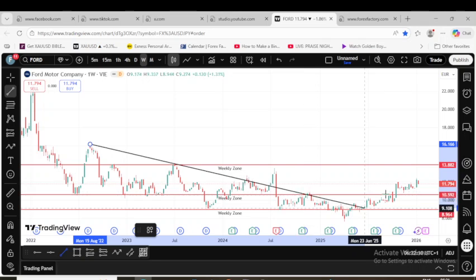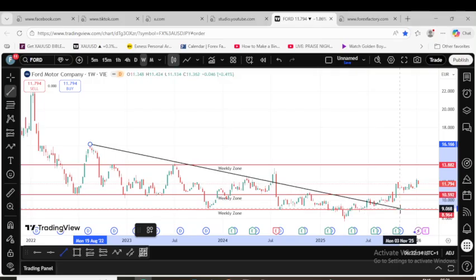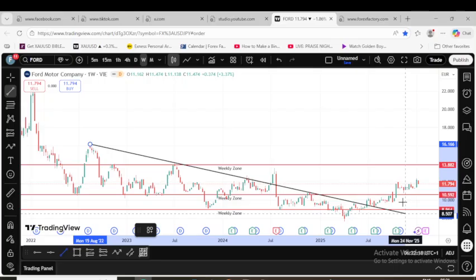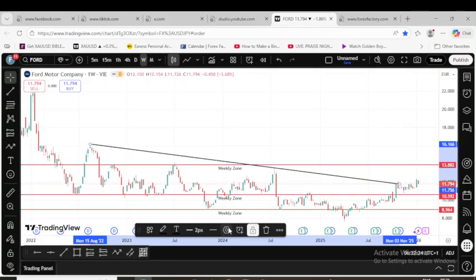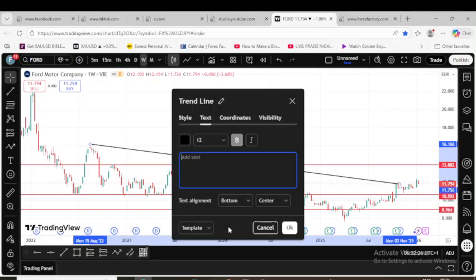We can draw a trend line here, like this. So this is our weekly trend line.